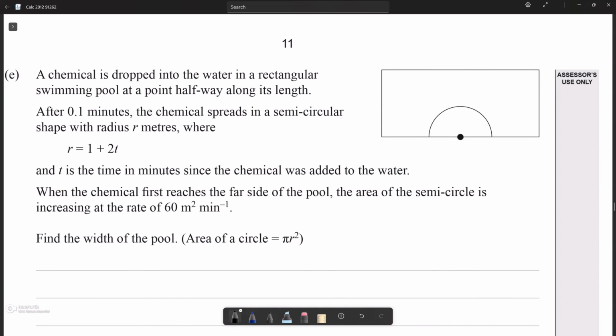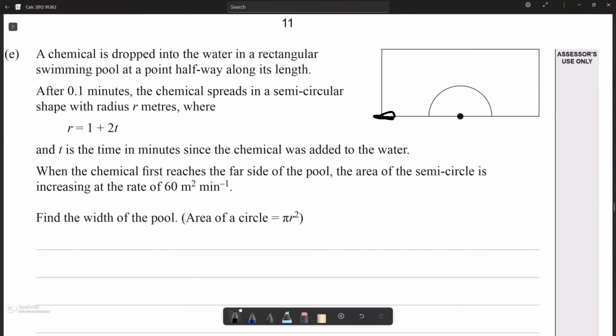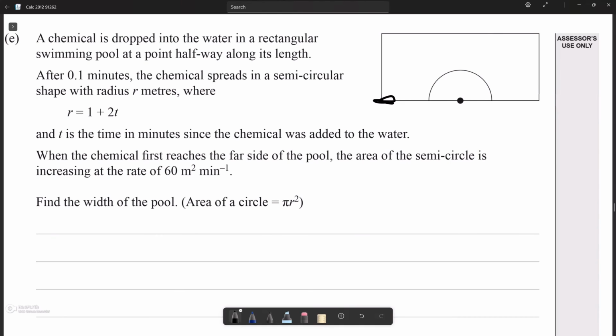A chemical is dropped into the water. After 0.1 minutes, the chemical spreads in a semicircular shape with radius r meters. When the chemical first reaches the far side of the pool, the area of the semicircle is increasing. Find the width of the pool.